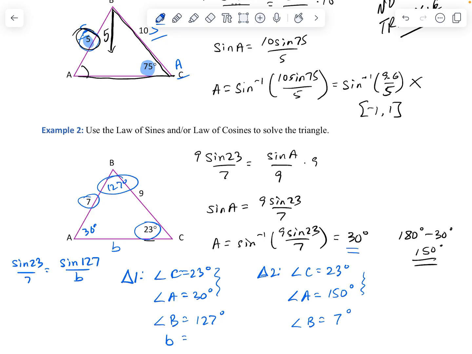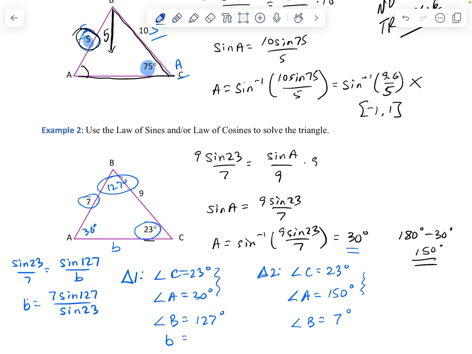I'm going to cross multiply. Eventually, I get b equal to 7 times sine of 127 divided by sine of 23.